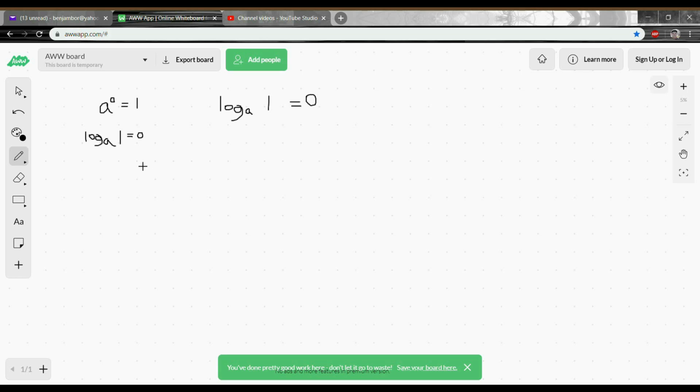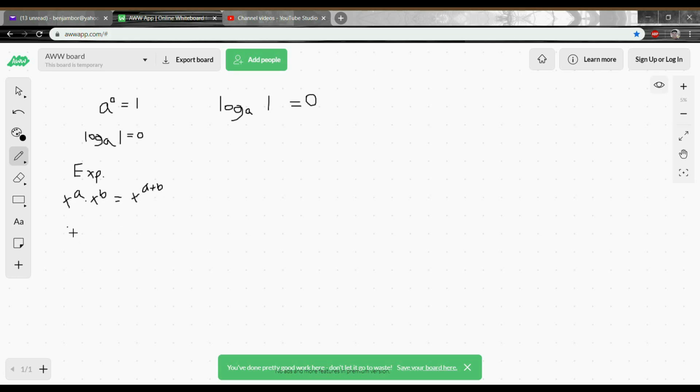And we have other relationships for exponents that we've learned that can translate to logarithms as well. So on the exponential side, we had relationships such as x to a power times x to a different power could be rewritten as x raised to the summation of those powers, right?